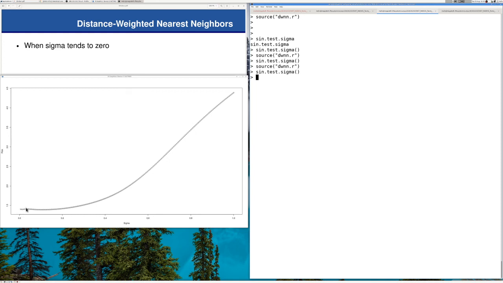If for every not-a-number that I observed I added some noise or some error, I would have a function that starts over here, goes down like this, and then goes up again. So the best sigma is around this range.